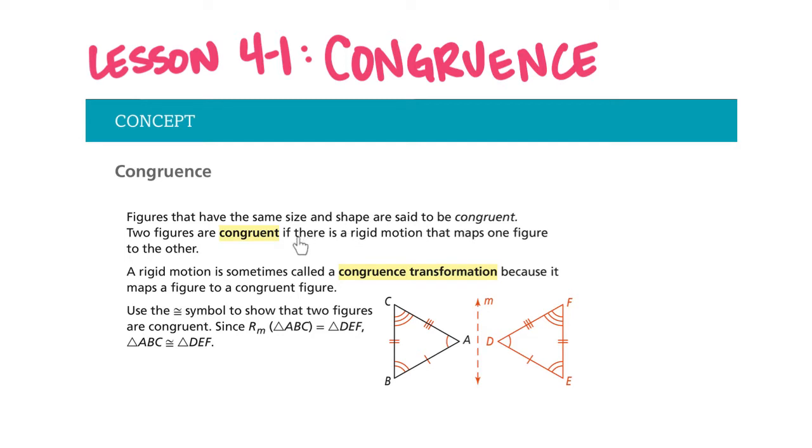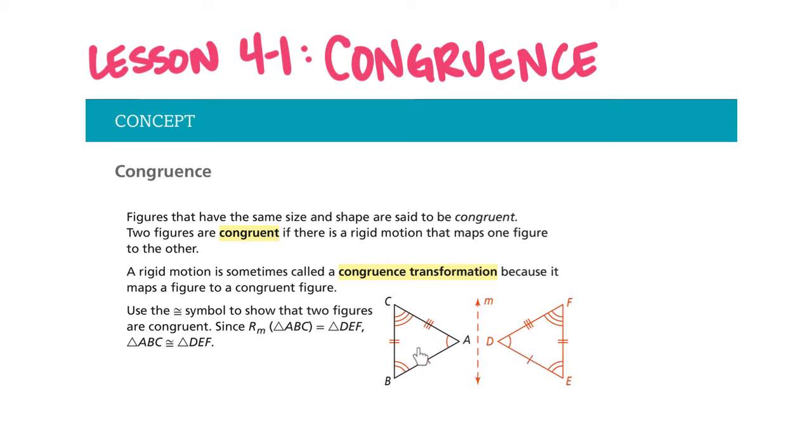So another way to think of it, kind of coming off of our last chapter, is that if I can take one figure and perform some kind of rigid motion, or maybe a series of rigid motions, that takes that figure and maps it onto the other one. So it takes, let's say this black triangle here, does something to it so that it ends up overlapping perfectly, laying perfectly on top of this red one, then we can say that these two shapes are congruent.